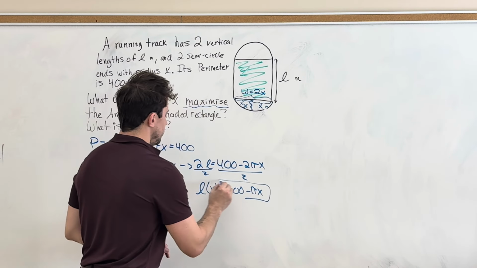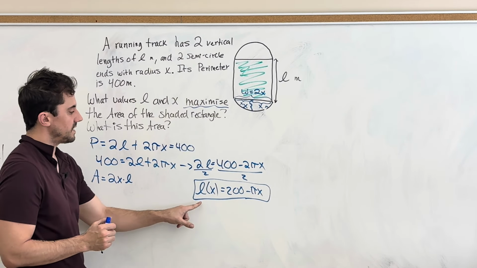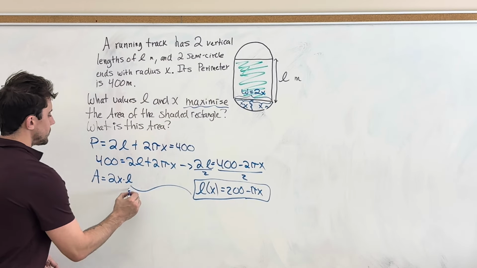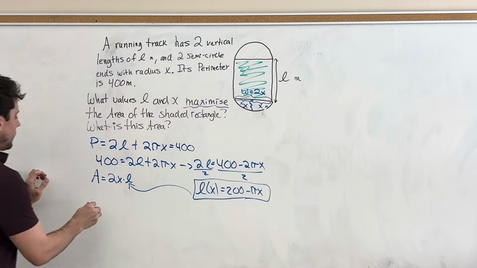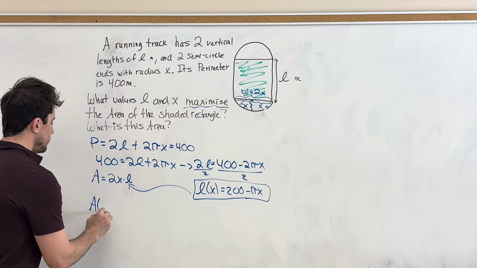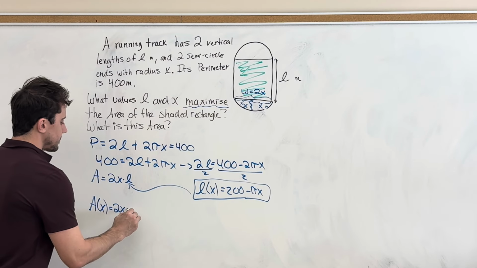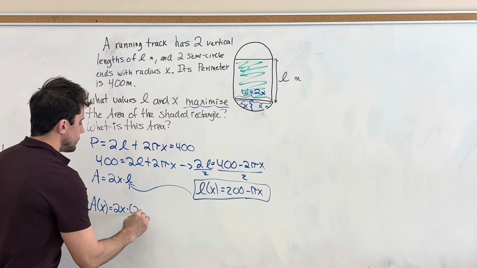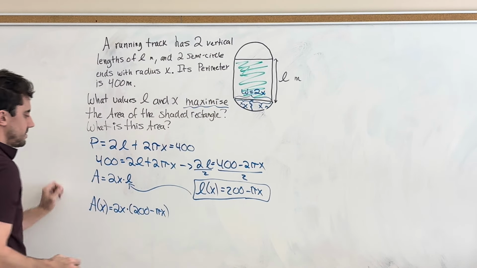This is very useful for us because now we have one variable written as an expression in terms of the other, and so we can plug that into our area formula that we're looking to maximize. We can write our area as a function of only x, namely as 2x times L, which is 2x times 200 minus pi x.